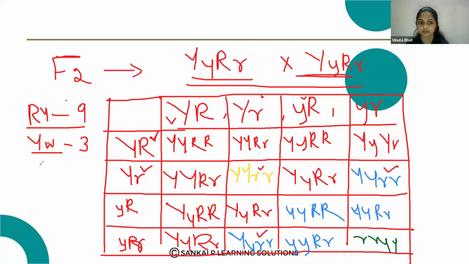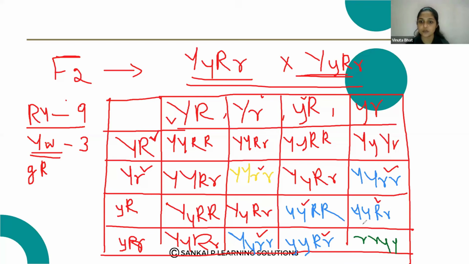So that is not a parental type, right? Yellow wrinkle seeds are not the parental type. Green wrinkle seeds are the parental type, right? Then the next one, green round, GL, right? Green round seeds: here small y is there, but capital R is there.